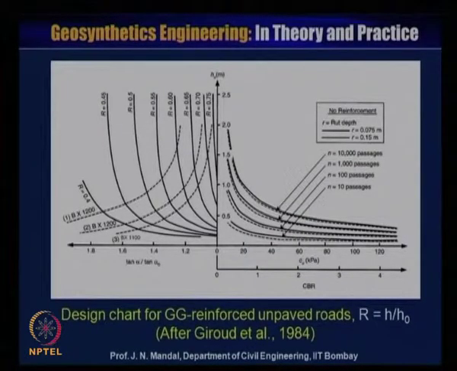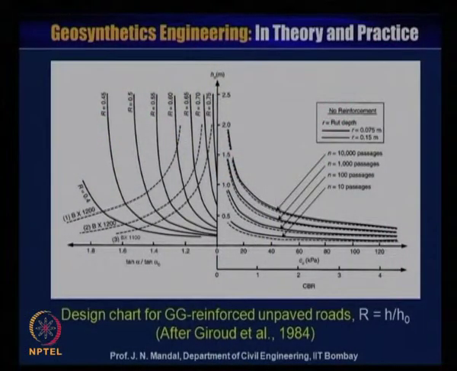So far we have talked about how to determine the thickness of the pavement with geosynthetic material, and here is the design chart for a geogrid reinforced unpaved road. If you take a geogrid reinforced unpaved road, how can you calculate the thickness of the pavement from this design chart? For this design chart, you should know how to use it.